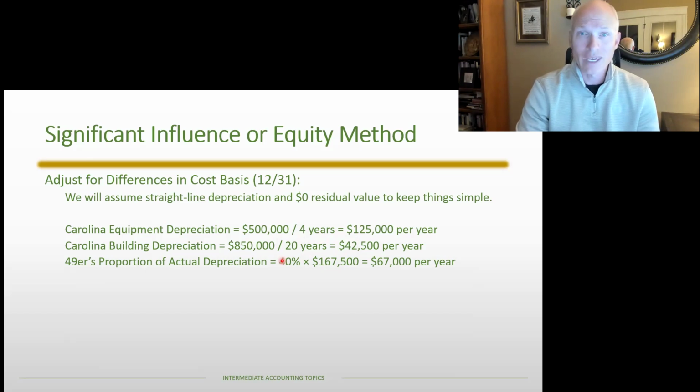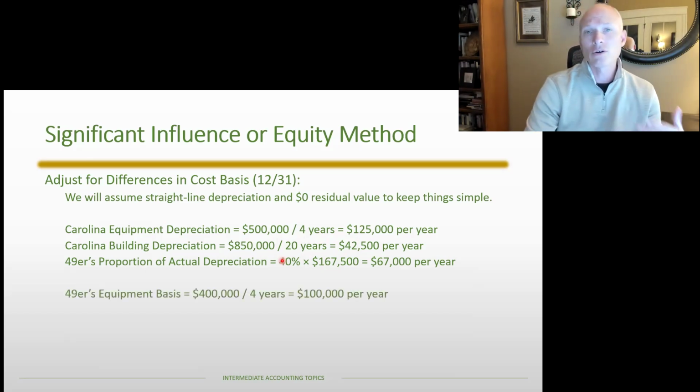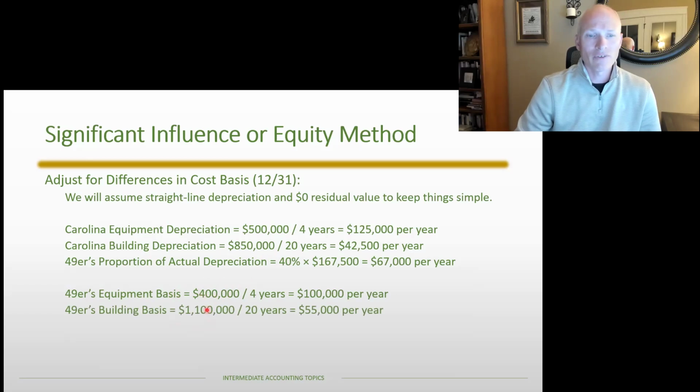But we also know that internally, we carried those assets at a different value. We had assigned a fair value of the equipment of $400,000, and a different value to the building of $1.1 million. We depreciate them over the same useful life, but that results in a slightly different total depreciation amount.